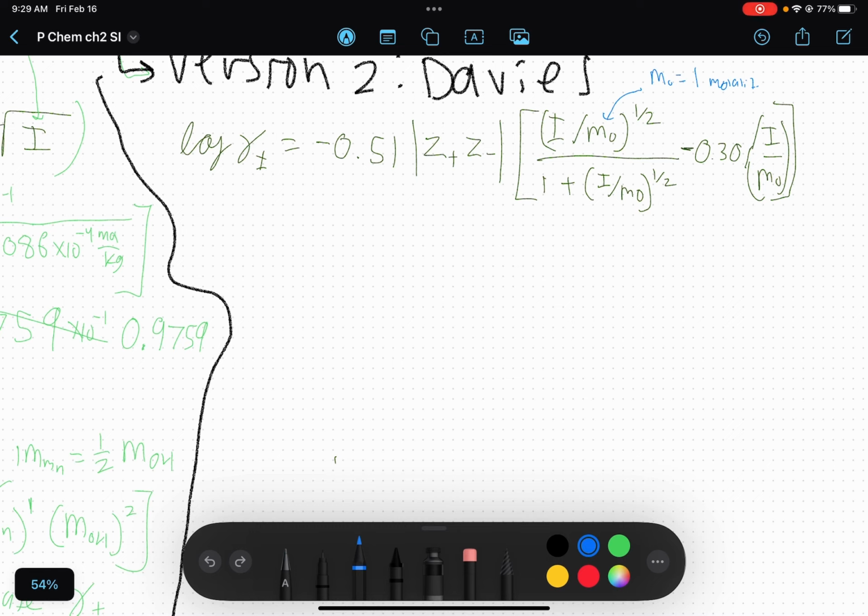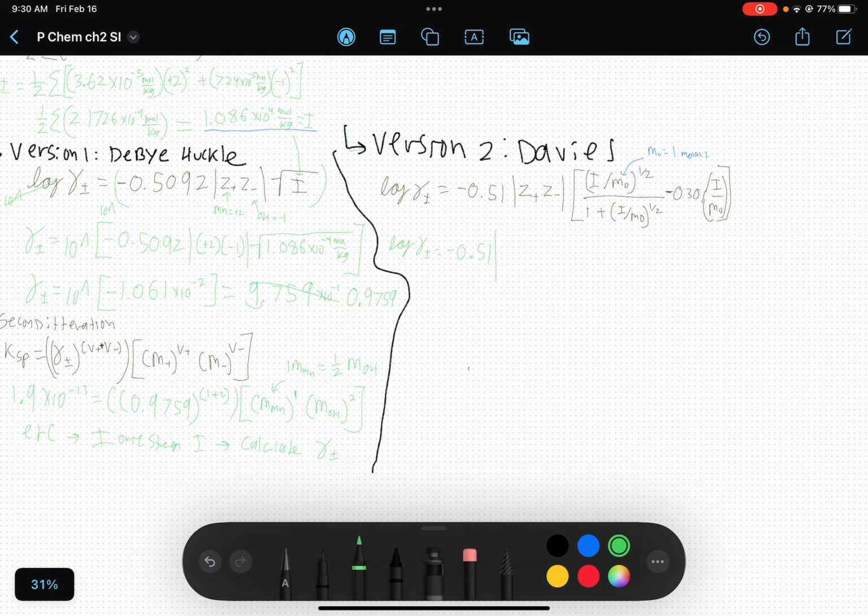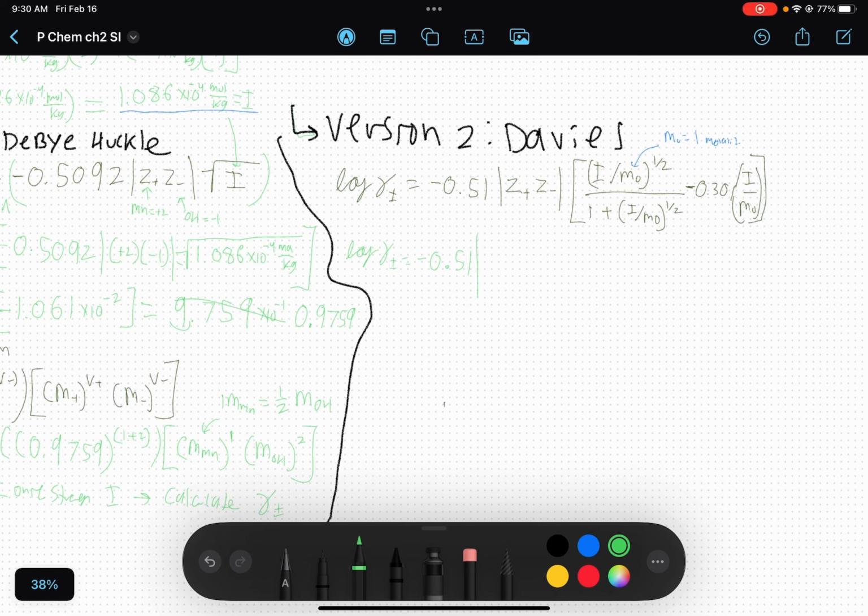You could start by doing 10 to the power of, it's kind of already a big equation though, so I think I'm just going to jump right in. So log gamma plus minus is equal to negative 0.51 to the power of z positive, which remember we have our charges the same as the ones we used over here, so it's going to be positive 2 times negative 1.